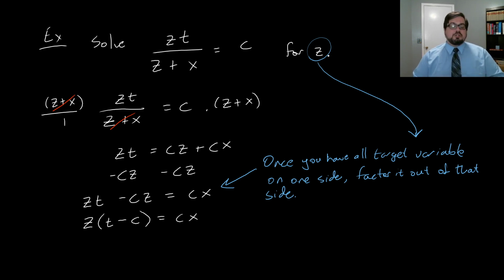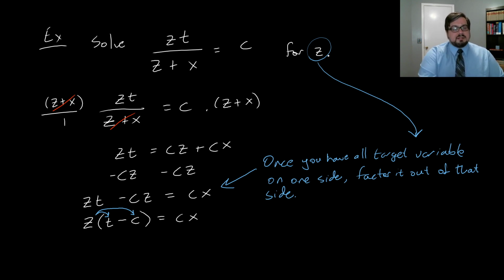If you're ever unsure whether you factored properly, you can check yourself by saying, if I distributed this z back in to the term, would I get the exact same left-hand side that I did before? And you do. z times t is zt, and z times negative c is negative cz or zc. The order of multiplication doesn't matter.